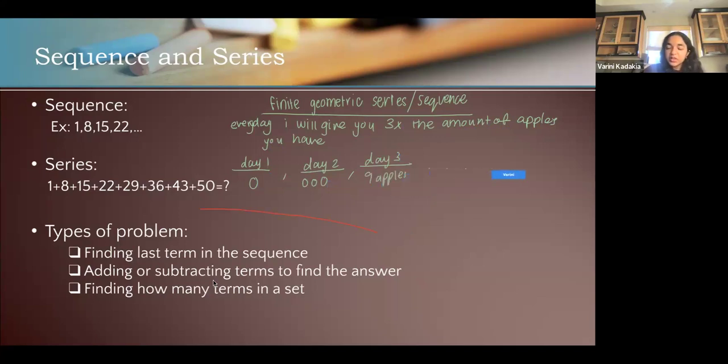So an infinite... a finite geometric series would be like, instead of every day, I only gave it to you for 5 days, right? So instead of having this dot dot dot here, we'd actually just have until day 5.